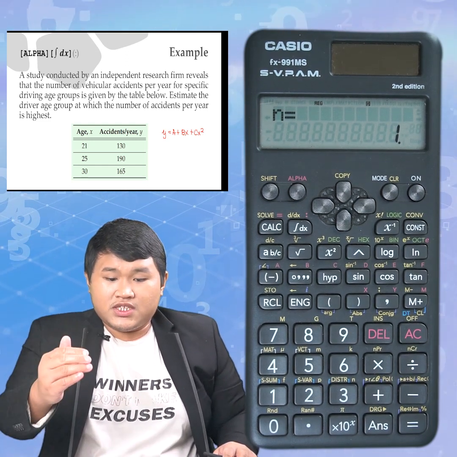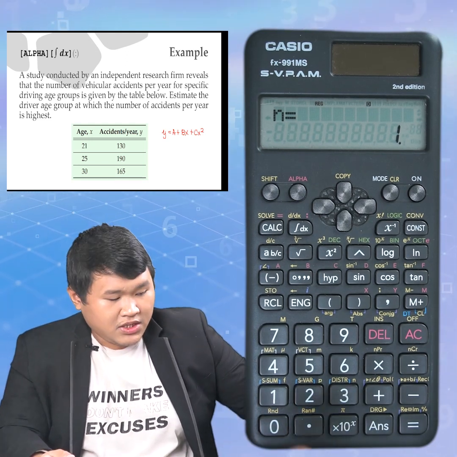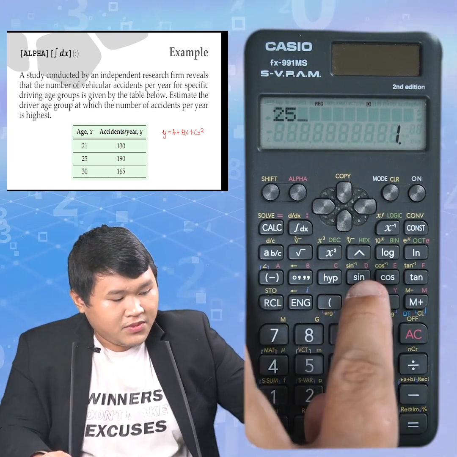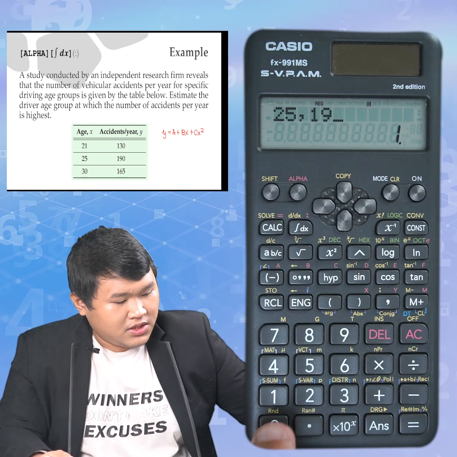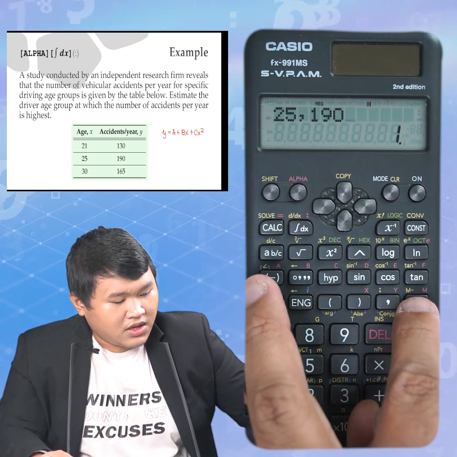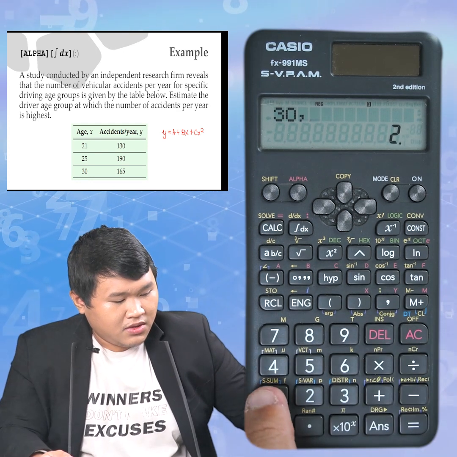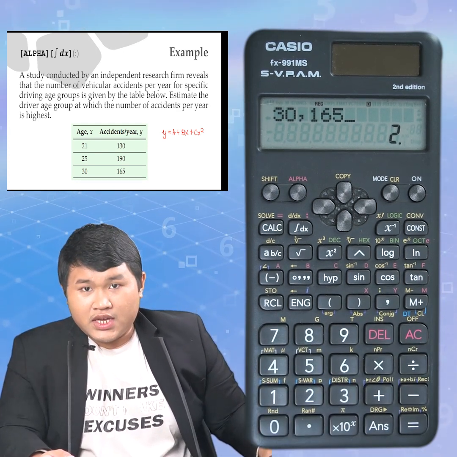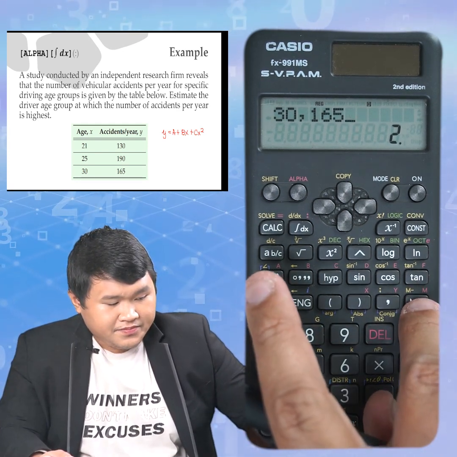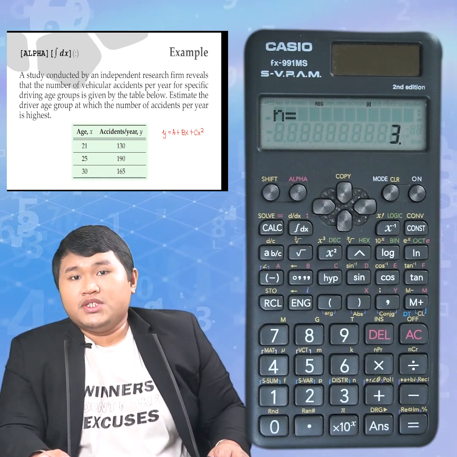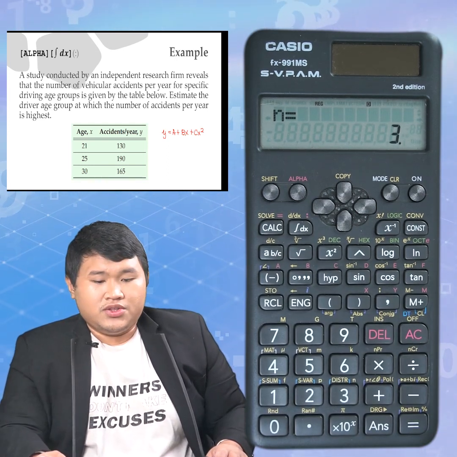Then we do that same process for the other data sets. So we have 25 comma 190, and then M plus, and then 30 comma 165, and then M plus again. Now we have stored the values in this calculator.